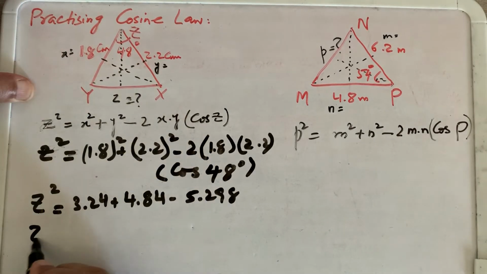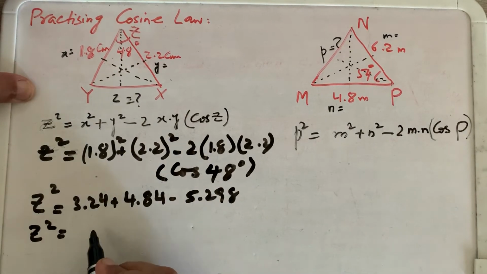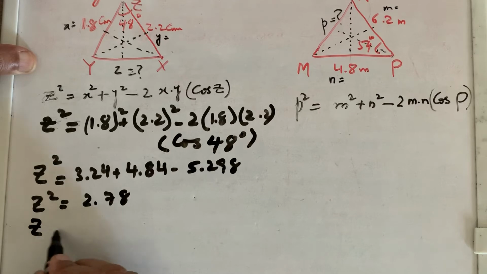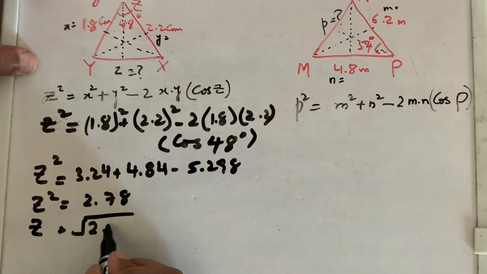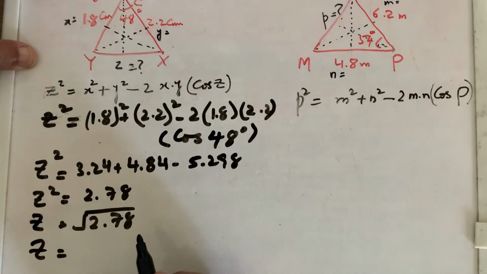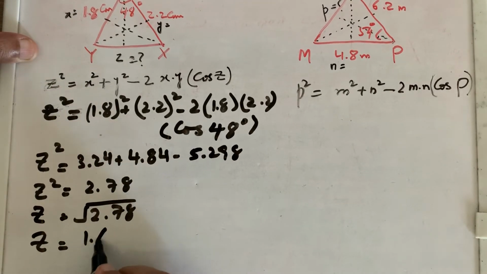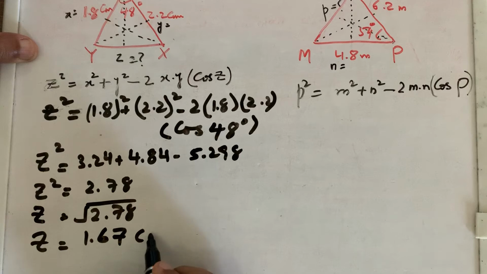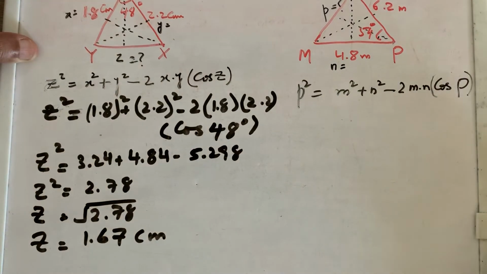So you need to simplify this. z square is equal to 2.78, and then z is equal to the square root of 2.78, and when you take the square root, you get the z side, which is equal to 1.67 centimeter. So this is how we calculate the unknown side.